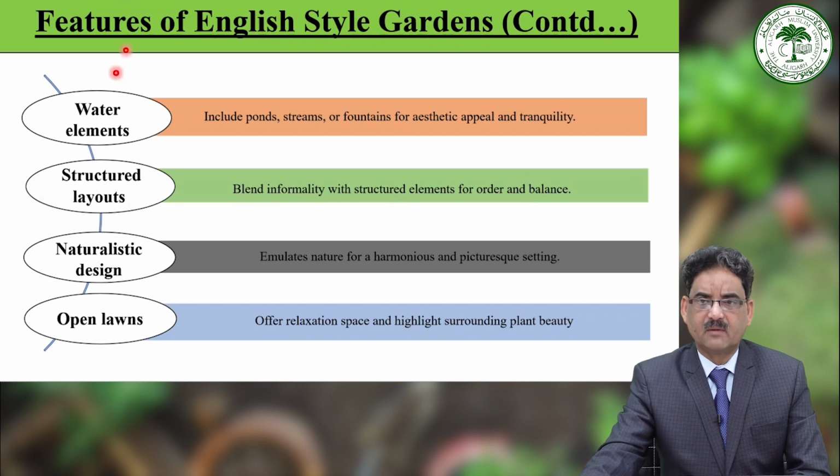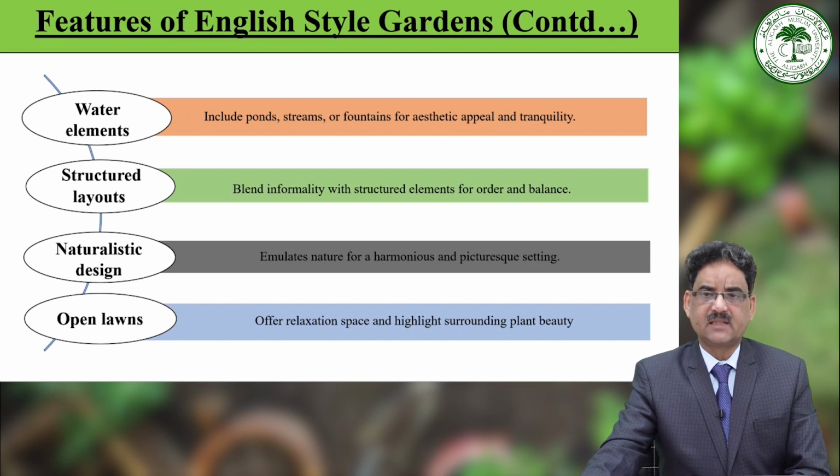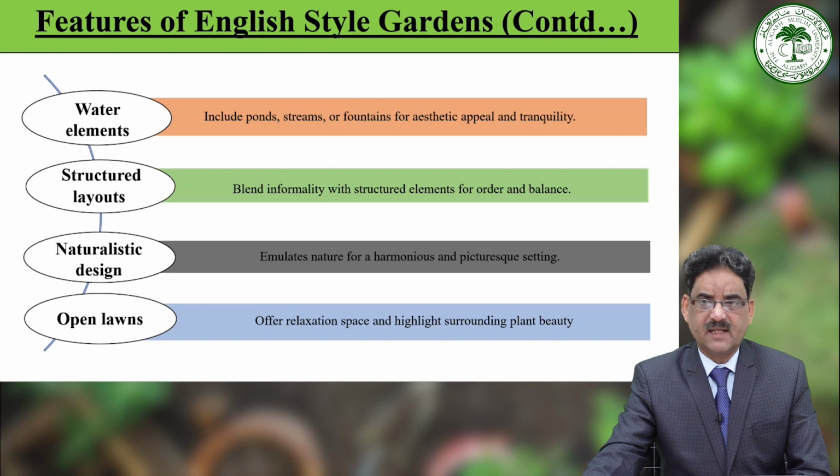Despite the informal nature embraced by the English garden, there is a deliberate inclusion of structured elements. This balancing act serves to uphold a sense of order and equilibrium within the garden's overall layout. And the third one is the naturalistic design.